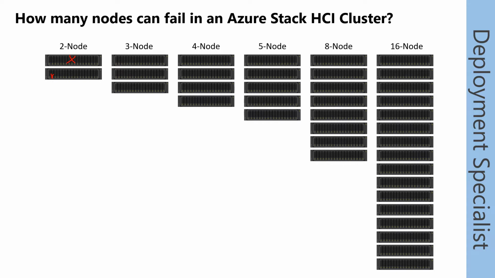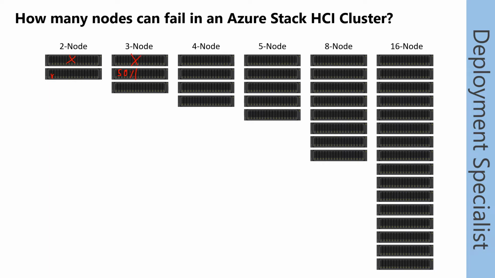In a 3-node Azure Stack HCI configuration, 1 server can fail, and 50% of the disk drives can fail at maximum to ensure that the pool stays online and the volumes stay online if they are configured with a 3-way mirror, but this is the default value in a 3-node cluster.